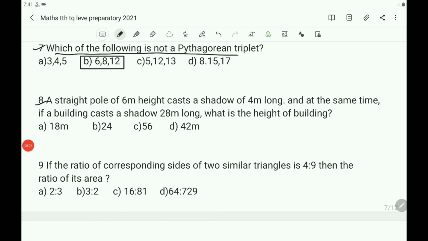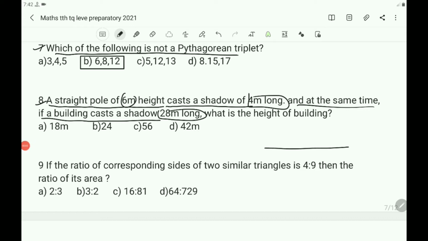Now the question number 8. A straight pole of 6 meter height casts a shadow of 4 meter long. At the same time, if a building casts a shadow 28 meter long, what is the height of the building? Now let us take a building and a pole.